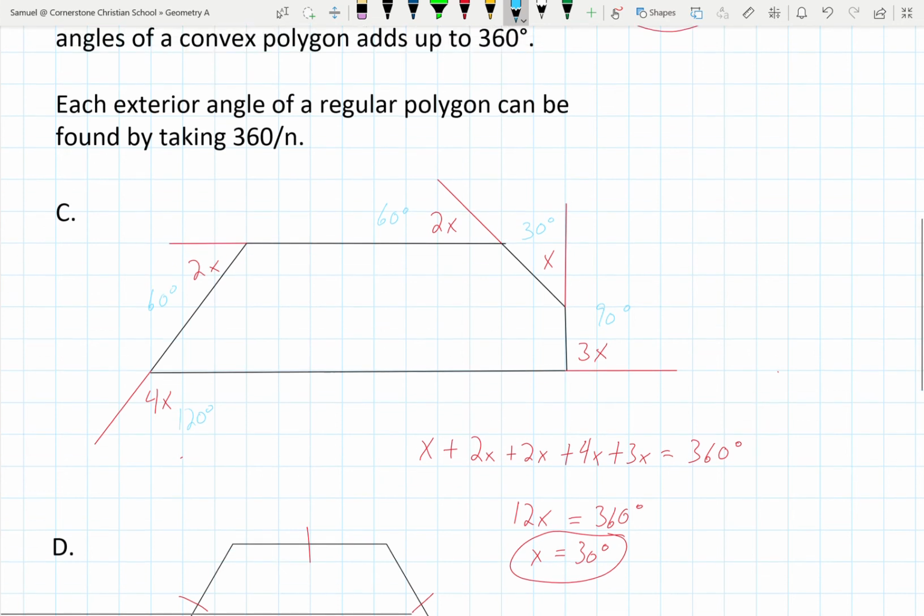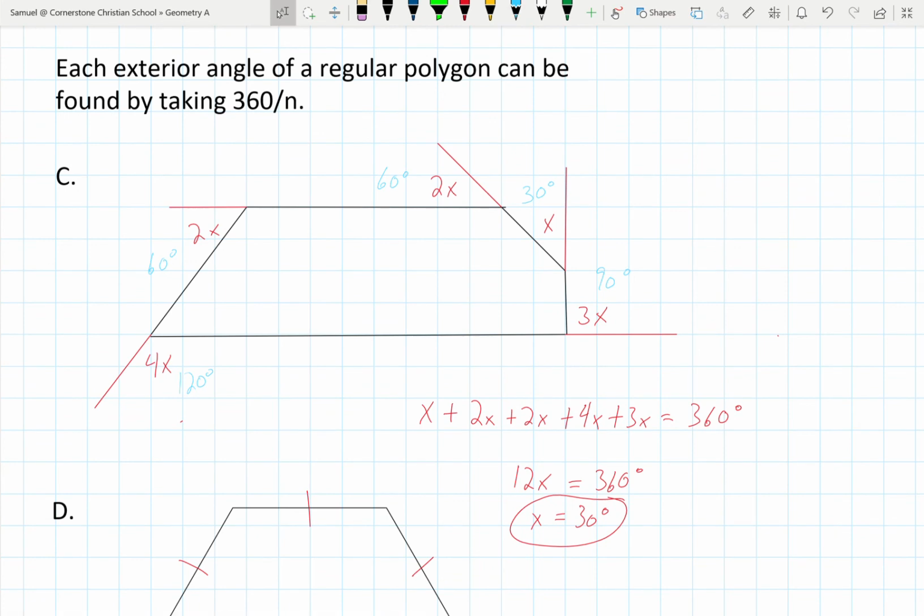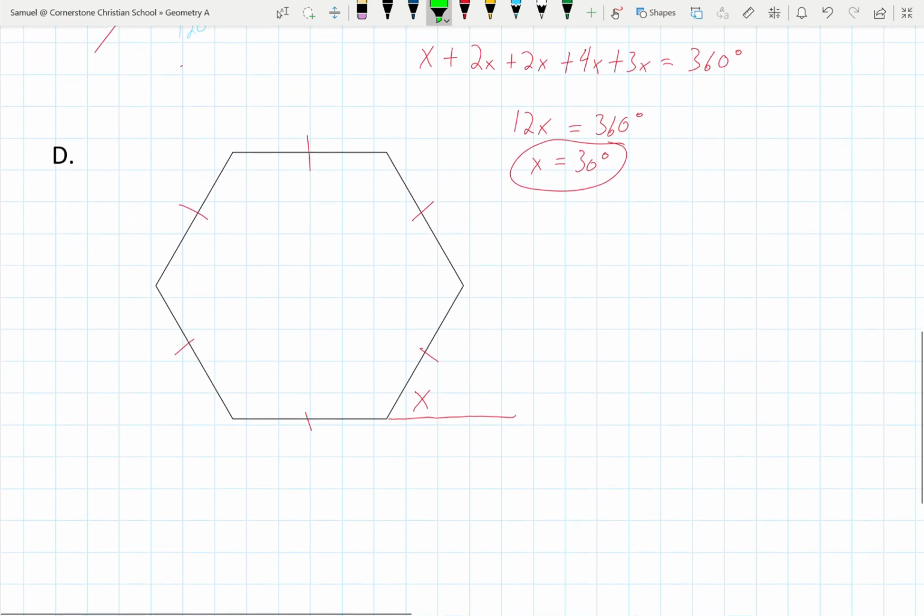Now again, to get more specific with just a regular polygon, each exterior angle of a regular polygon can be found by taking 360 divided by n. This happens because we know that no matter the number of sides, it's going to be 360, but I'm dividing by n because I'm dividing by the number of sides.